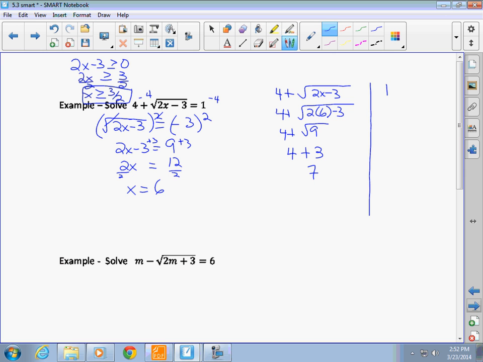If you go back and check your math, I didn't make any mistakes there. This is an extraneous root. So how can this be an extraneous root when it fit in with the restriction? This is not equal to 1, so we say that this is an extraneous root.